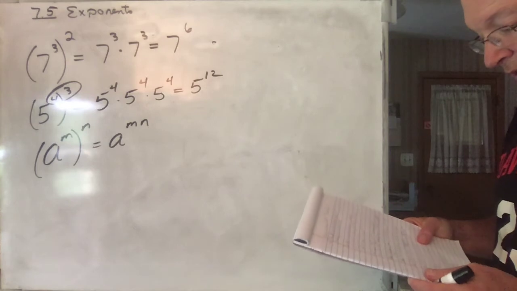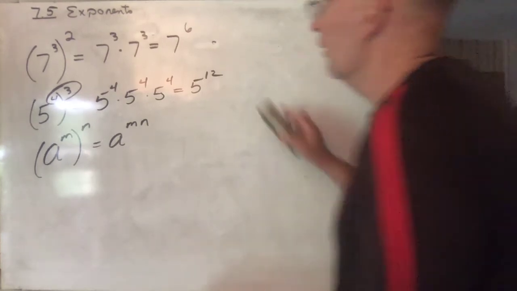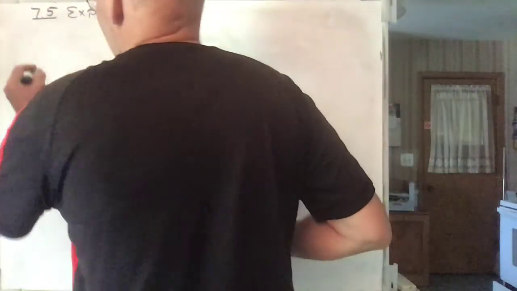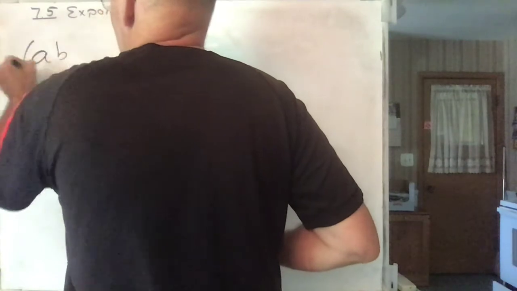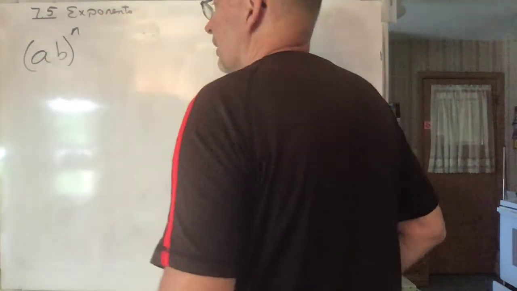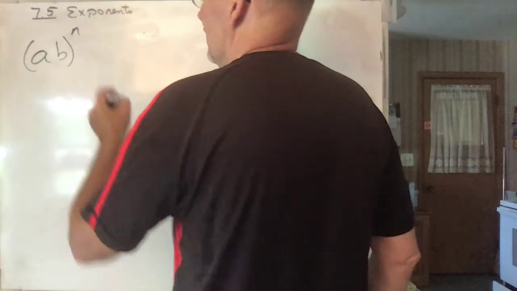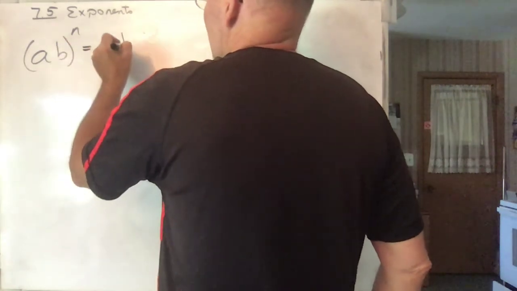Okay, very good. This is the one I was getting at earlier. Let's look at it again. What if I have a times b all to the n power? Well, that's equal to what? That's equal to ab.